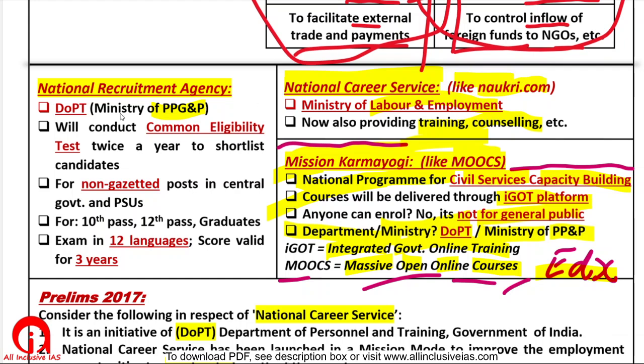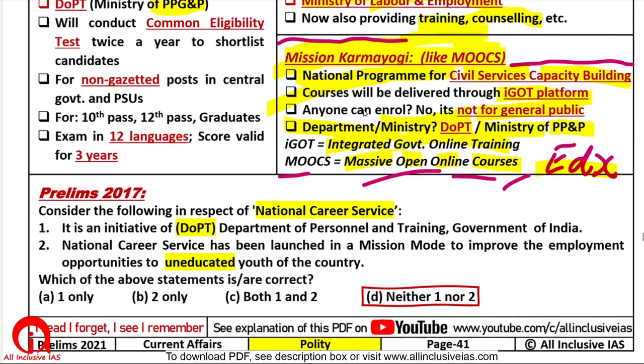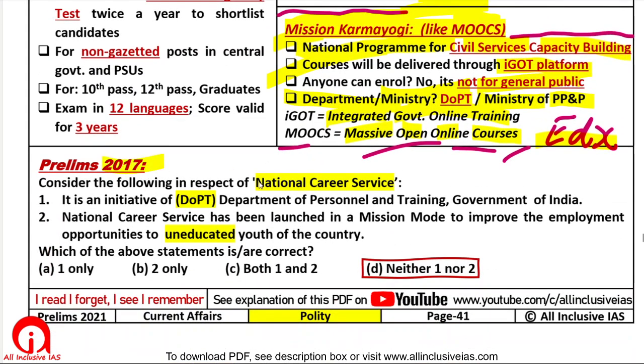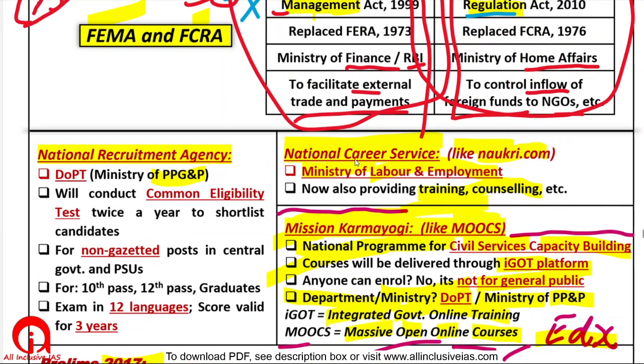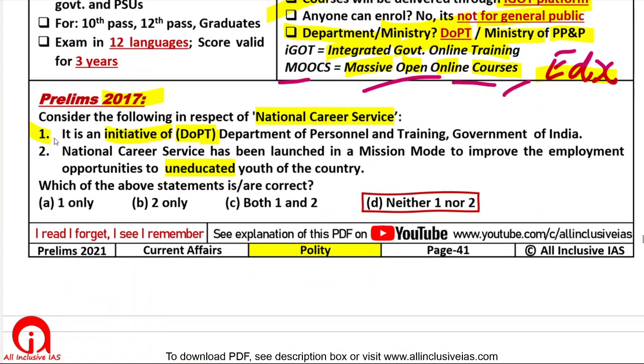Okay. So there was a previous year question on National Career Service in 2017. It is an initiative of DOPT. No, National Career Service is under the Ministry of Labor and Employment. So the first is wrong. The second is, NCS has been launched in a mission mode to improve employment opportunities for uneducated youth.